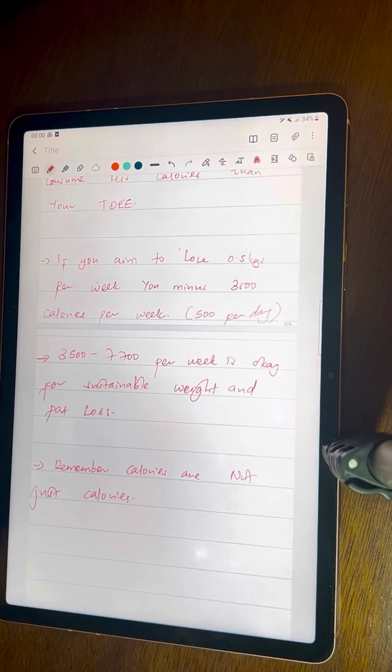And that's why you hear people say, if you want to be on a calorie deficit, which means you're burning more than you're consuming, which is what we want for weight loss, then you need to make a few adjustments.